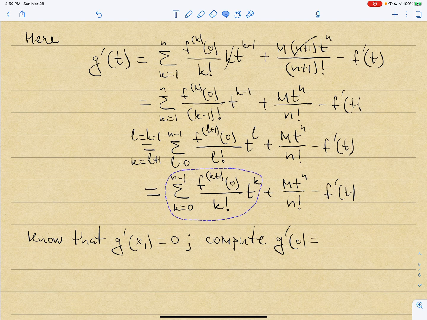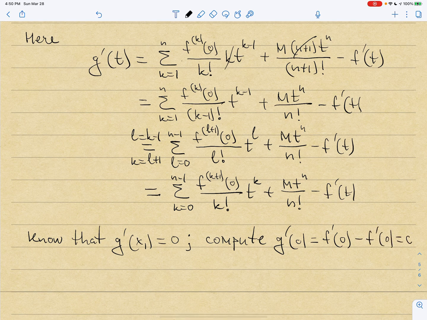So where k is 0, t to the 0 is 1, 0 factorial is 1. K is 0, so 0 plus 1 is 1. So I have f prime of 0. If I evaluate the second term at 0, that's 0. And the third term at 0 is minus f prime of 0, so g prime of 0 is 0.